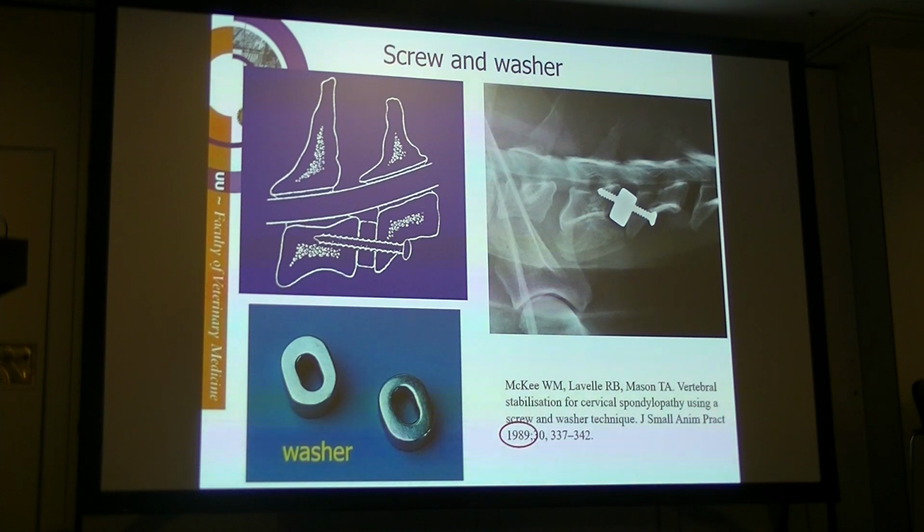And actually, this is a very simple technique. If we talk about this specialized surgery, all the techniques that you have seen are quite dramatic. This is, in that light, very simple. And it worked. So this one was done a lot by groups all over the world, and it showed that these dogs improved neurologically.